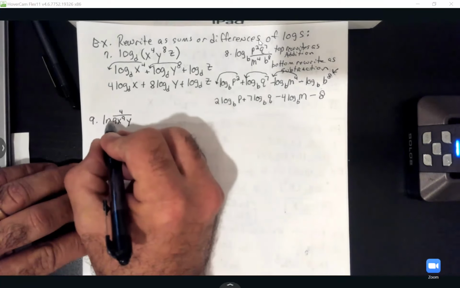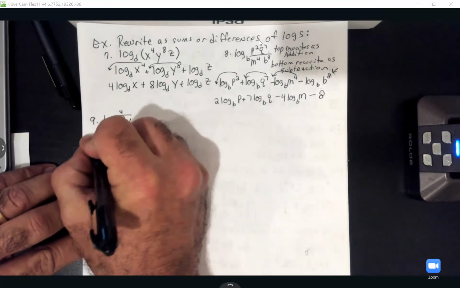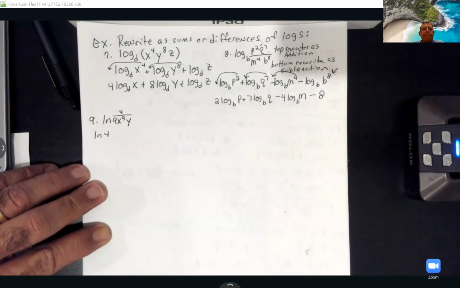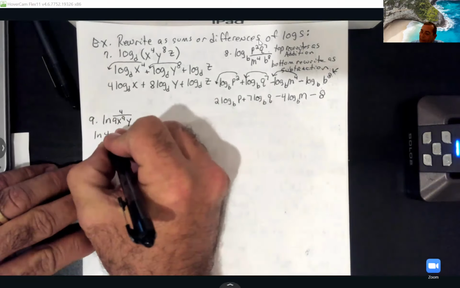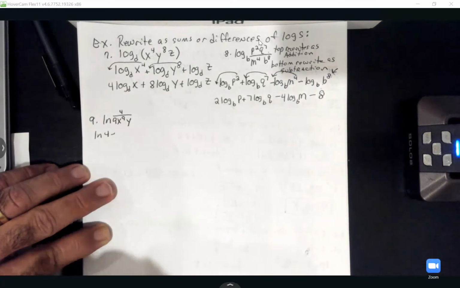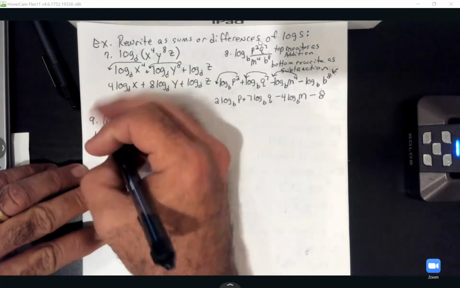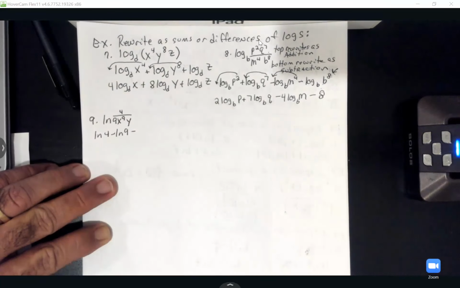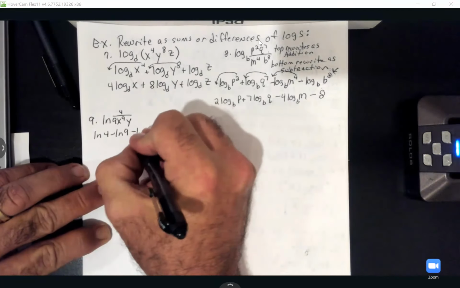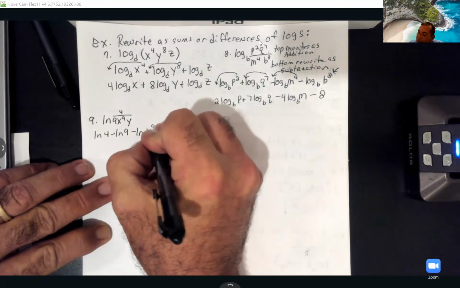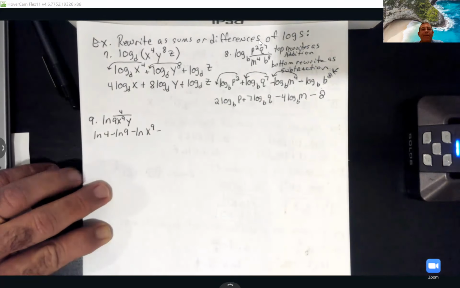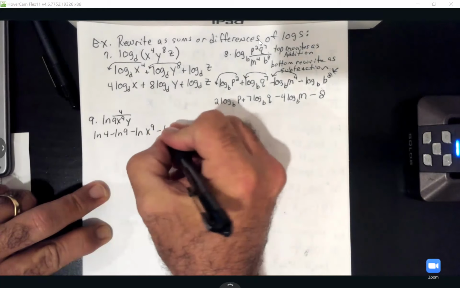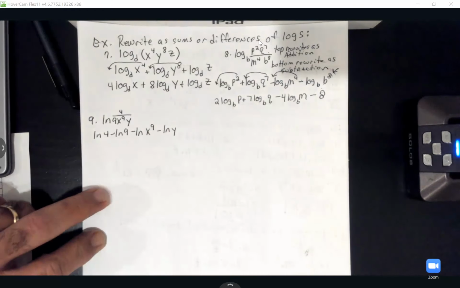So then it's plus ln of 4, minus ln of 9, minus ln of x to the 9th, minus ln of y. And guess what?